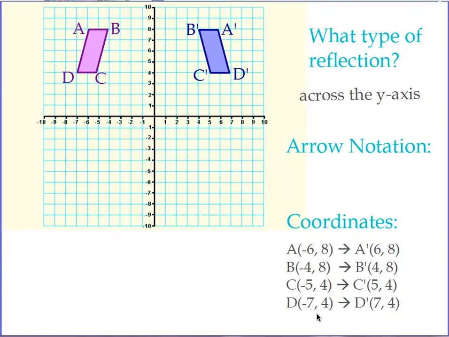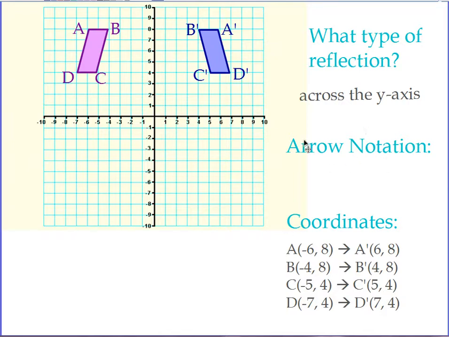So what was the change from pre-image to image? The actual numbers didn't trade places or anything like that, right? The only thing that happened in every single instance was we changed the sign on the X value only. The Y value stayed the same, just the X value changed sign.